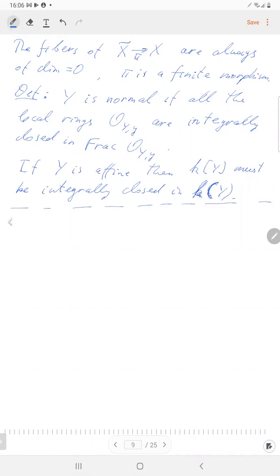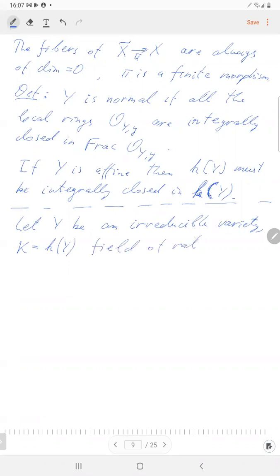So namely, let Y be an irreducible variety, and we'll have a field, say K, a field of rational functions. And L will be some finite extension.